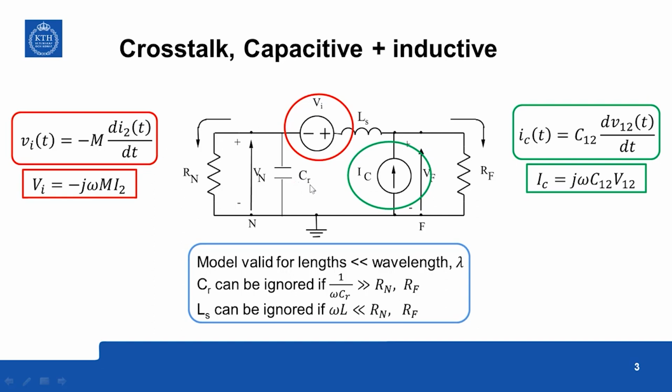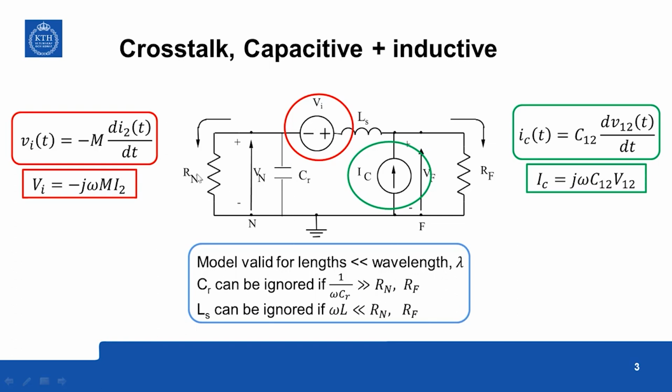So we can neglect CR if 1 by omega CR, that is, this capacitive impedance, is far greater than the impedance at the end. So in that case, we can neglect this. This has to be checked always and made sure before neglecting it.